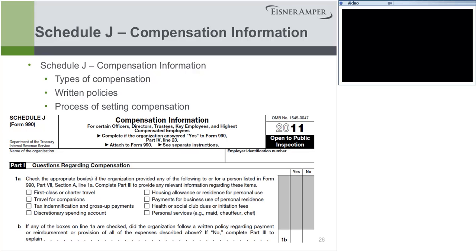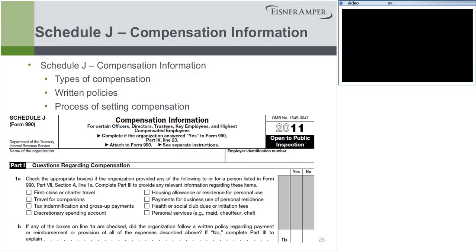So again, here I can check the boxes. If I'm checking the boxes for things here, probably I'm going to be explaining that later on. I don't want to just check the box, yes, we give housing, and not explain why, right? Because for the most part, housing given to organizations by the IRS is found to be a taxable event, right? There are a couple of exceptions.